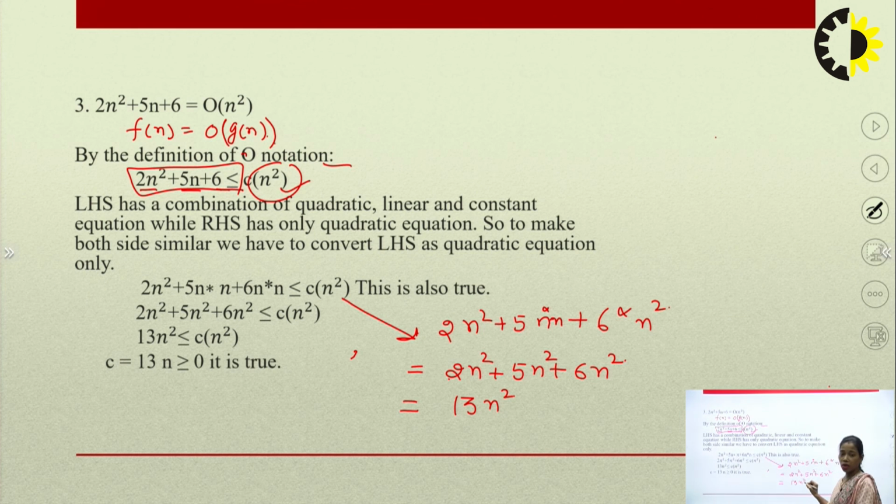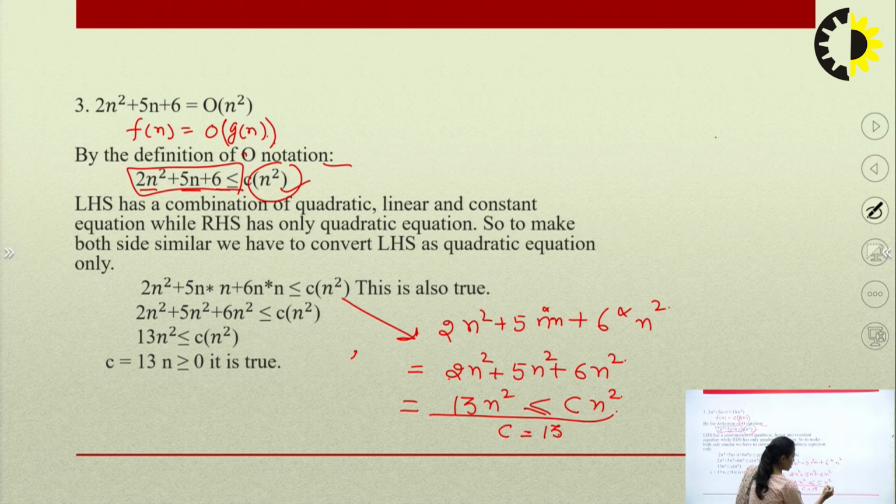Now the left hand side gives 13 of n square less than or equal to C of n square. Now we calculate the value of C for which this inequality is true. What will be the value of C? The value of C is at least 13 for which this inequality is true.